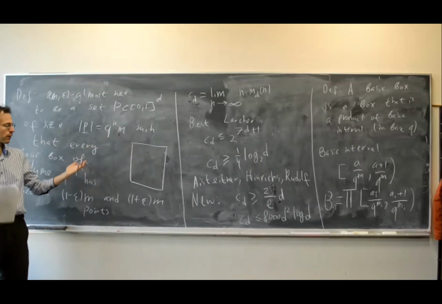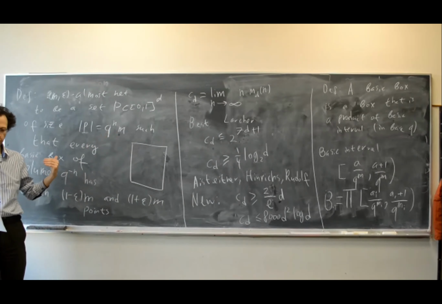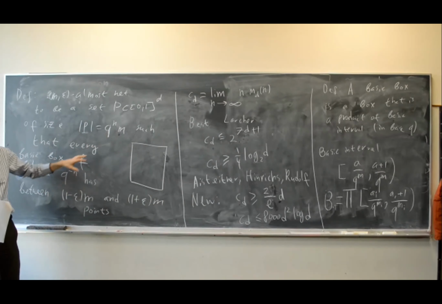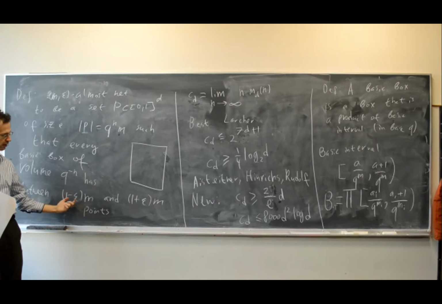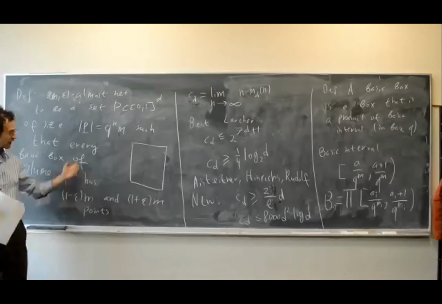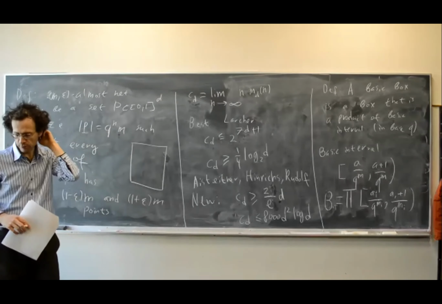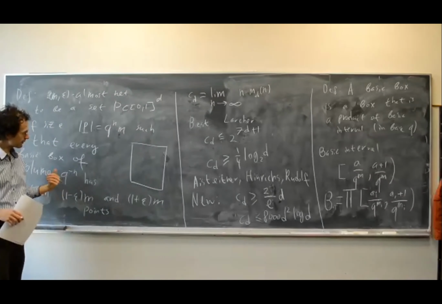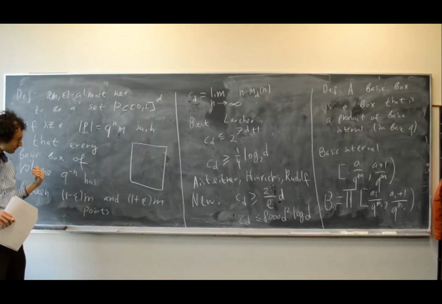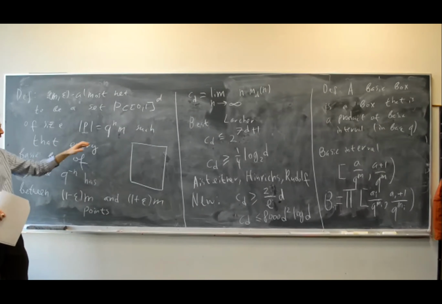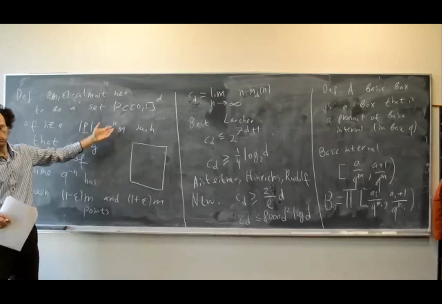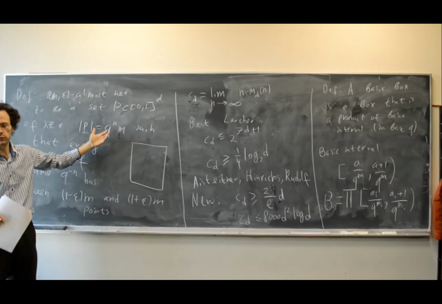As we will see later in the talk, we cannot expect that every box of this volume will have exactly m points. That would be what's called a net. We cannot expect this to happen for small boxes.